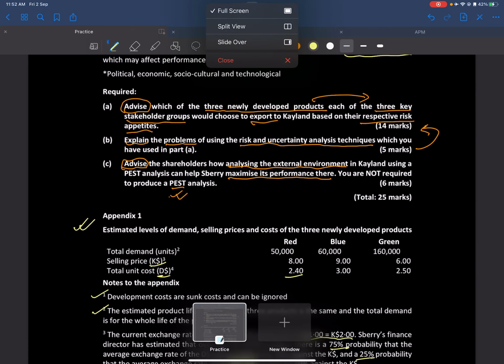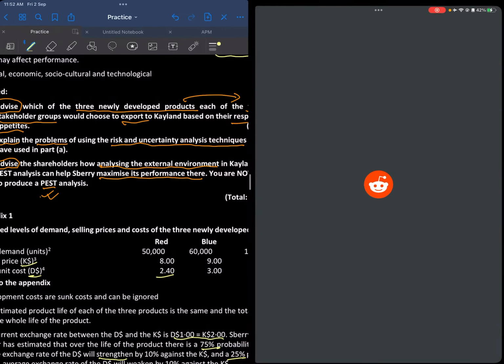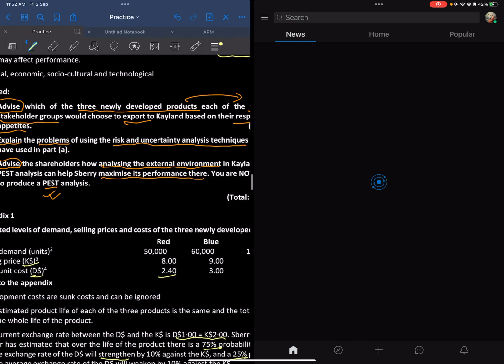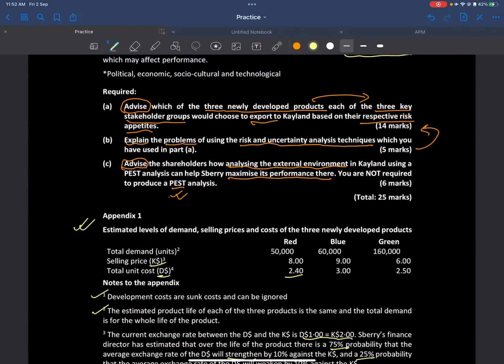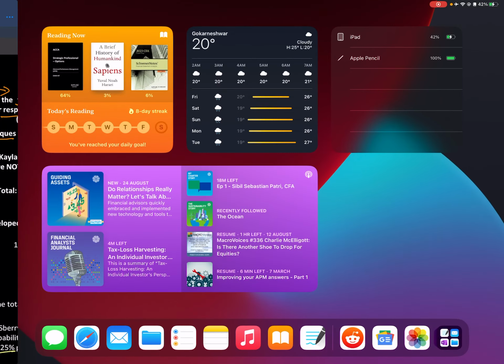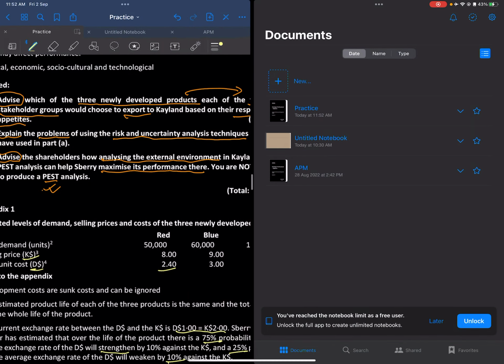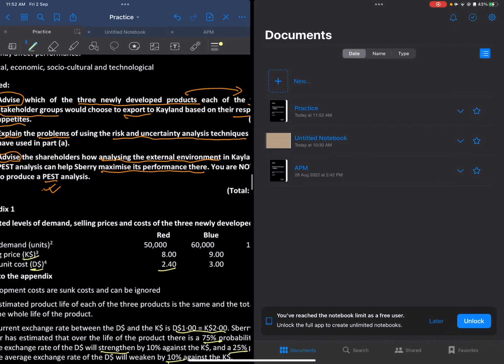So let me just open up the model answer. What the hell, I opened Reddit, sorry, that was a mistake. I wanted to open Goodreads, but I think it's over here. Not APM, practice then.